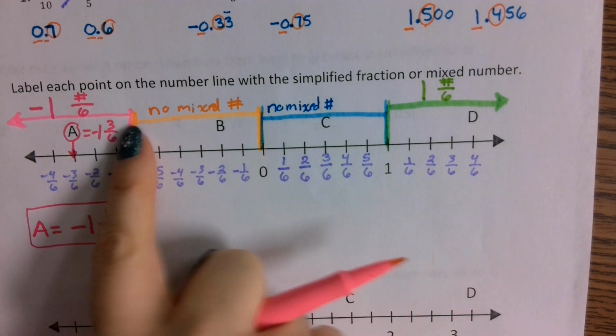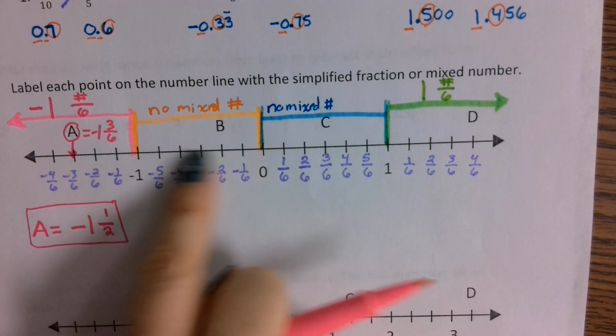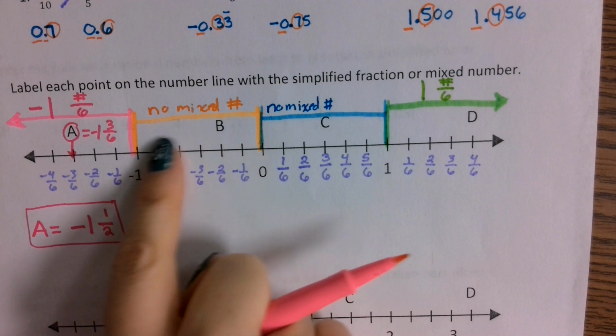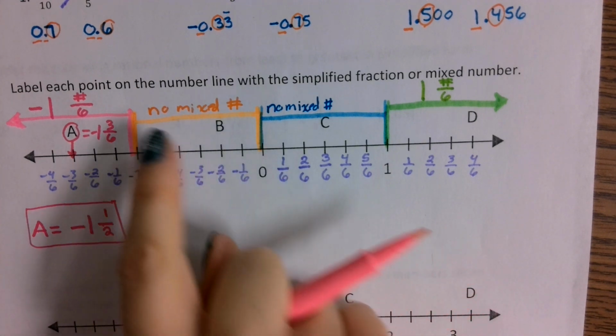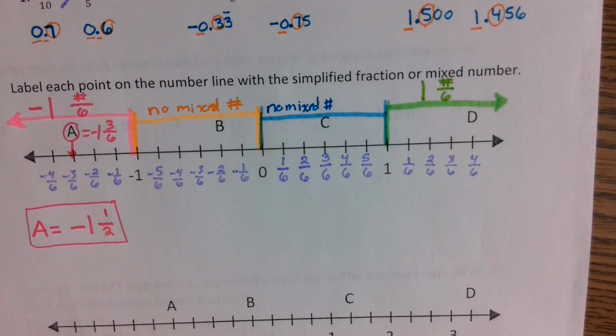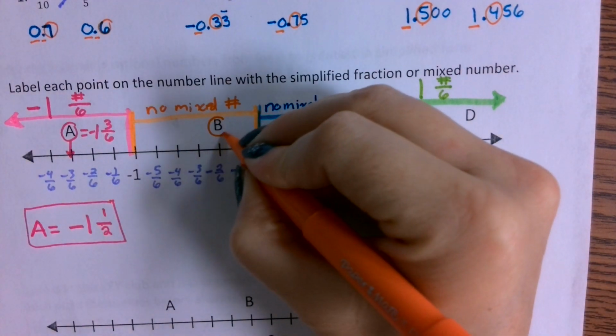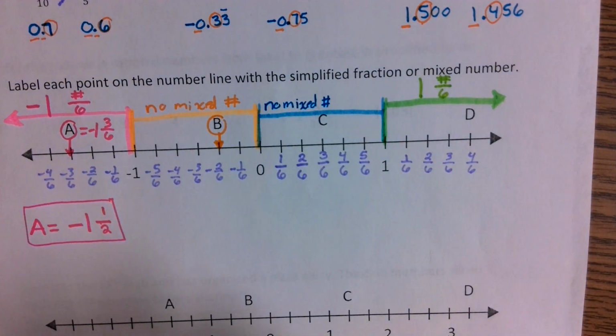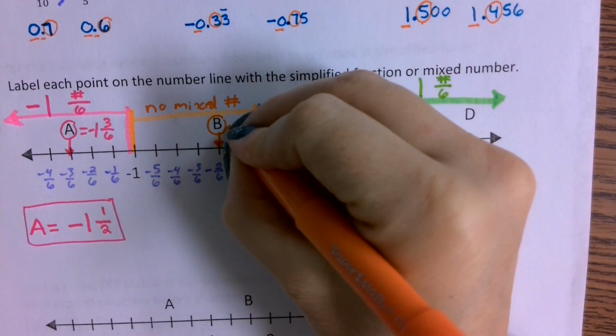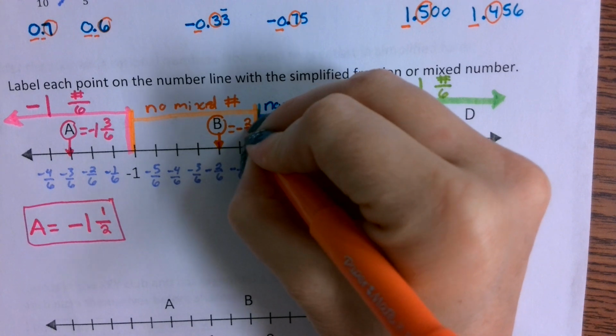Now point B is not in a mixed number format, so are we going to have a whole number portion? Are we going to have a 1 or a 2 or a 3 as a whole number? No, because it's no mixed number. It's just the fraction itself. So B is at this point right here. B is at a negative 2 over 6.